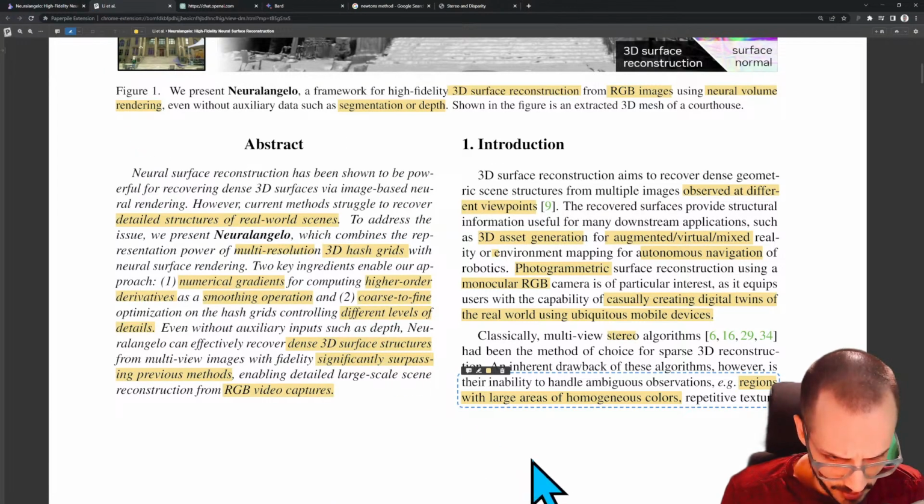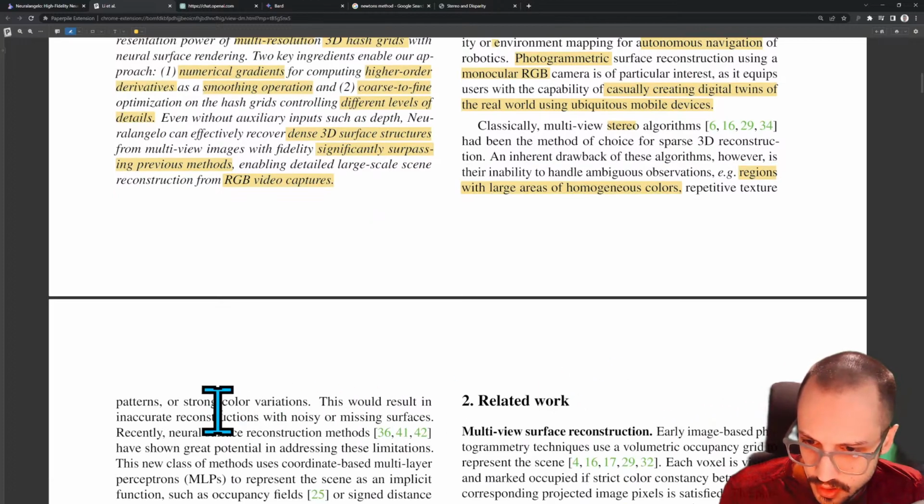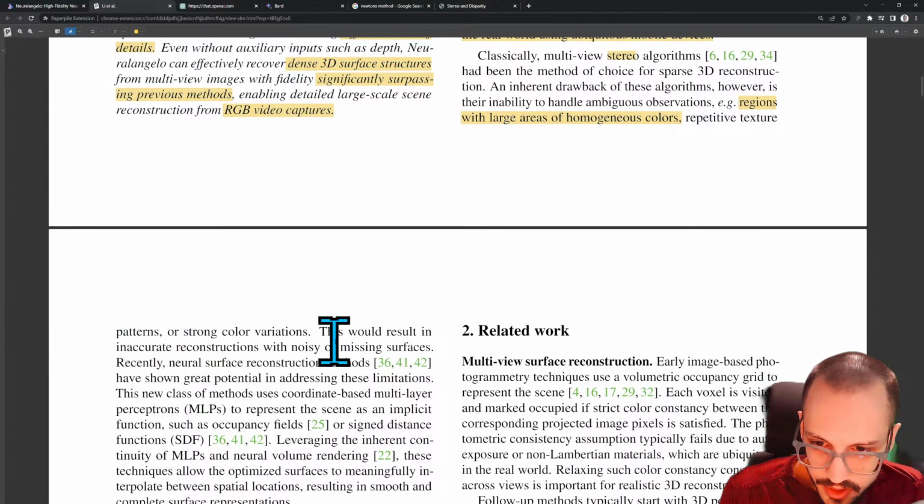So the actual texture of the area is important for multi-view stereo in order to get the depth from that. This would result in inaccurate reconstructions.